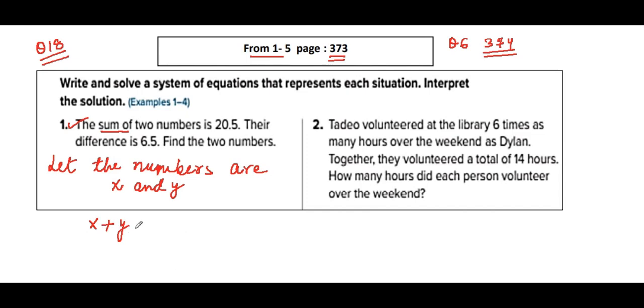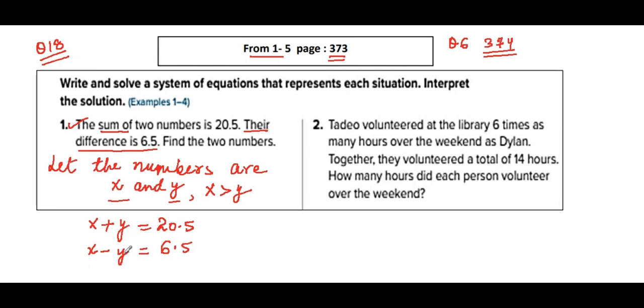So x plus y is 20.5, and the second line says that their difference is 6.5. Difference means x minus y is 6.5. These are two numbers, so one will be larger, one will be smaller. So let's suppose x is greater than y.